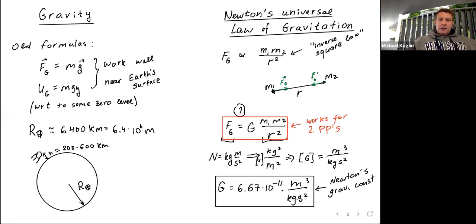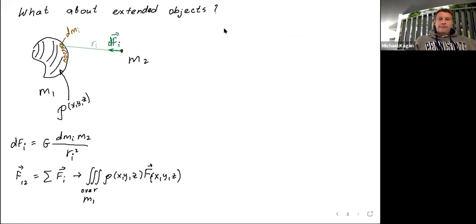Let's say M1 is your origin and you want to find the force acting on M2. Then you can think of the radius vector that points from M1 to M2 and understand that the force you're looking for is anti-parallel to that radius vector. So force of 1 on 2 is anti-parallel to the radius vector r12.